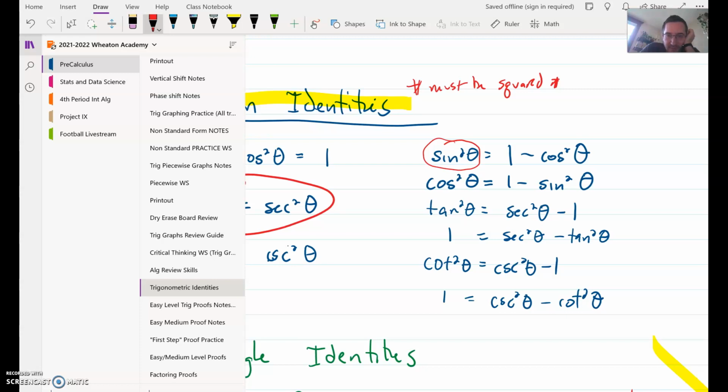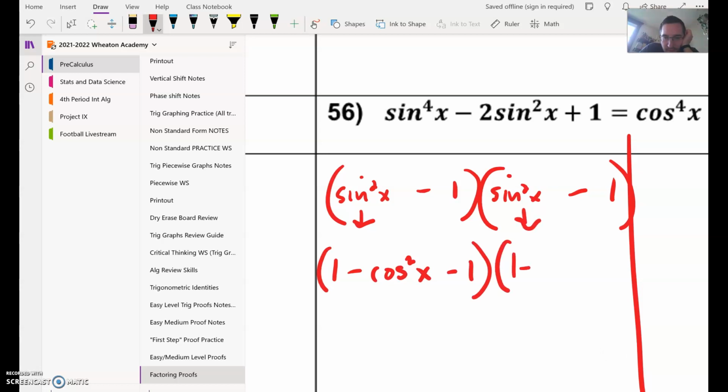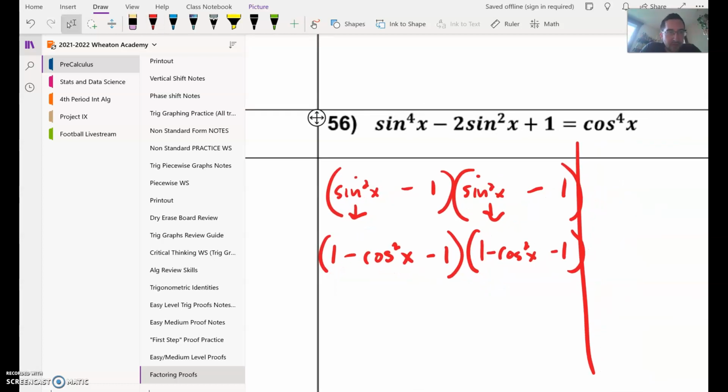Let's try that. Let's put a 1 minus cosine squared into our sine squared. So this gets turned into a 1 minus cosine squared minus 1. And this gets turned into a 1 minus cosine squared. And then bring down this minus 1. And let's see what happens.